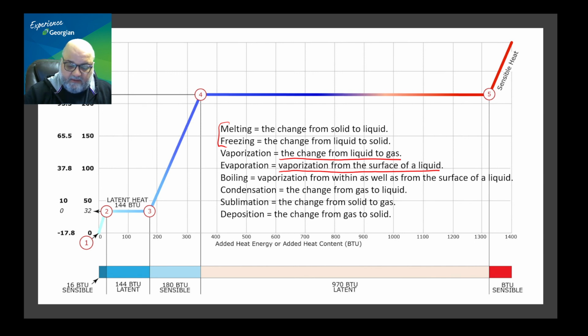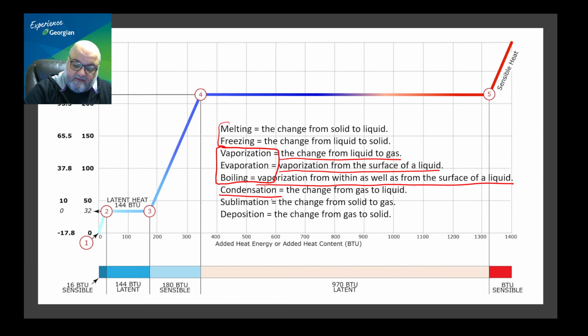This is not an important thing for the purpose of this course. Boiling is vaporization from within as well as from the surface of the liquid. All right, so these three somehow are all representing the change of phase from liquid to vapor.